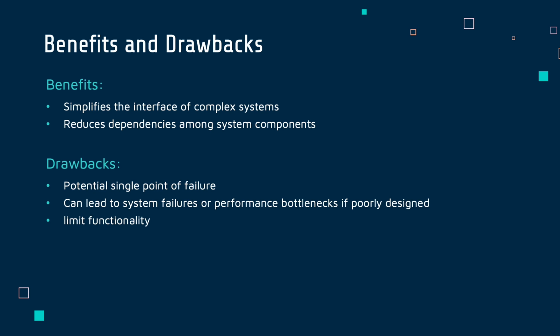Therefore, striking a balance between the simplicity provided by the facade and the needs of the client is essential. The facade should be designed to offer the most commonly required functionalities, facilitating common tasks while still permitting access to the more complex capabilities of the subsystem when necessary.